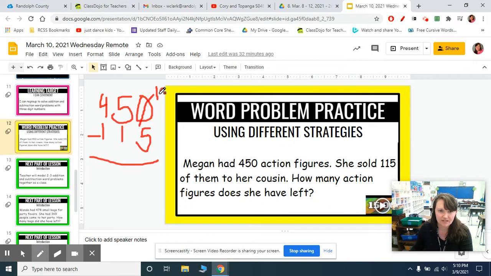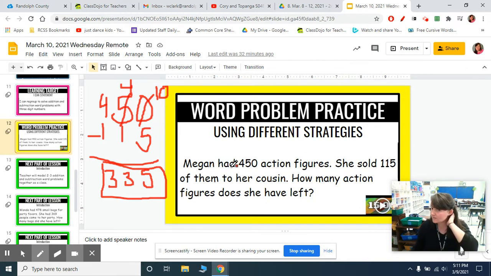We have to make it a 10 because we have to borrow 10 from over here. So we don't need to borrow from the hundreds. 10 minus 5 is 5, 4 minus 1 is 3, and 4 minus 1 is still 3. So our answer should be 335. Go ahead and record that somewhere, maybe on your notebook paper or on the back of the word problems that you've got.